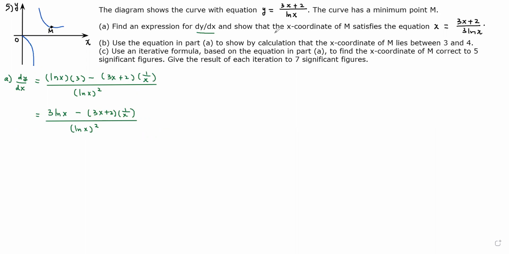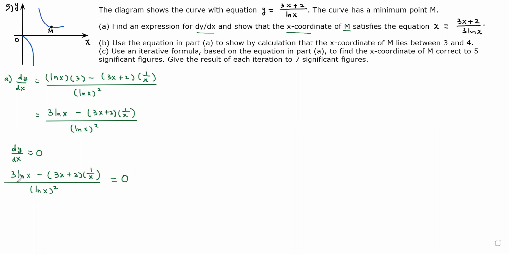We now need to show that the x coordinate of M satisfies this equation. At point M, since it is a minimum, dy/dx is 0. So we set dy/dx to 0, then we have 3 ln x minus (3x plus 2) times 1 over x, all over the square of ln x equals 0.